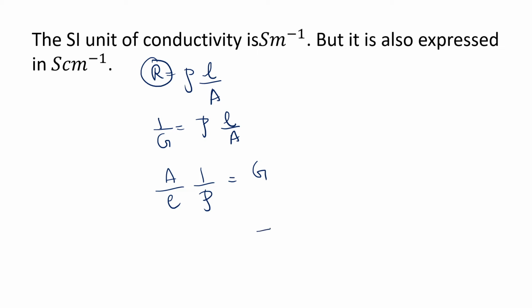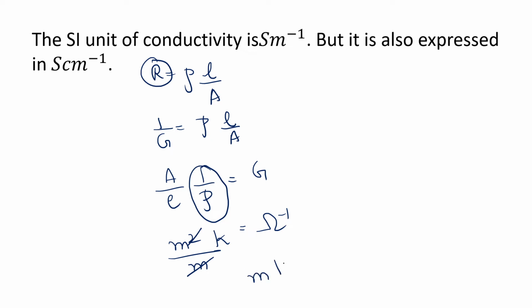G is ohm inverse. We just saw that it is the reverse of resistance, and conductance is this. 1 by rho, reverse of resistivity, is conductivity kappa, and A over L. A is the area, meter square, length is in meter, so meter will get cancelled.